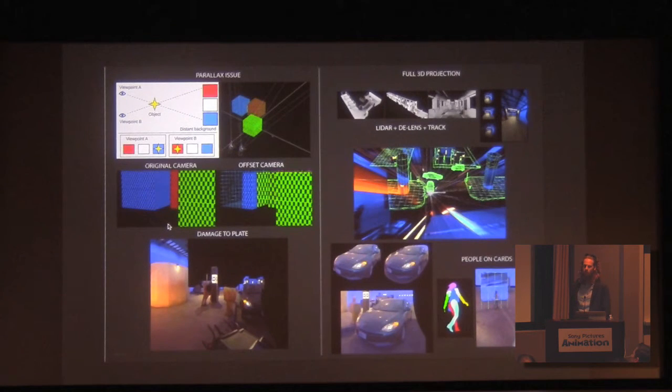For this to work though, you need quite a few elements, and precision in this case is key. So our geometry was LiDAR scan geometry from the set. Then we used that to track our cameras, so that our camera tracks would solidly line up with our geometry. And one other point is what Wayne mentioned.